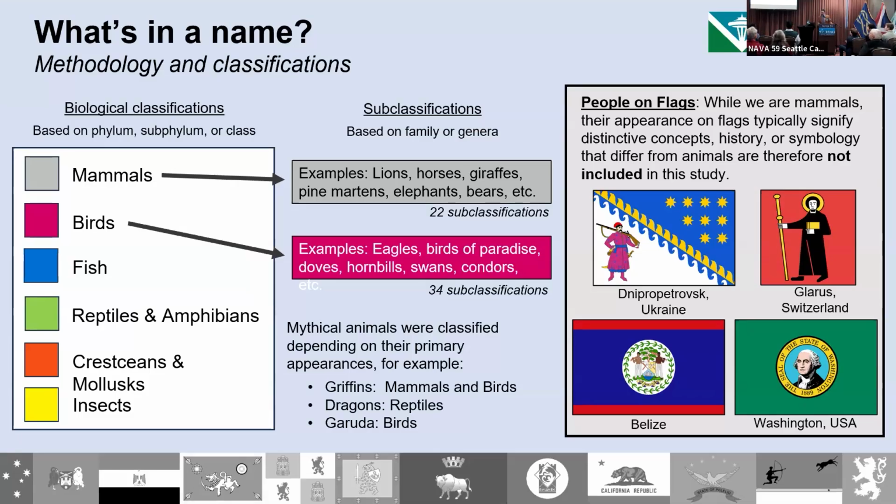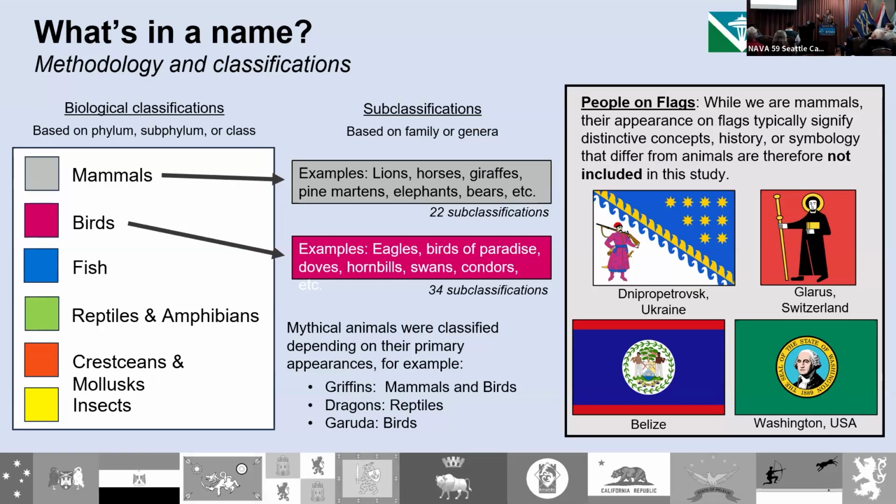So for example, griffins have the body of a lion and the head and wings of an eagle, so I classified them both as mammals and birds. Dragons, I classified as reptiles. And the Garuda, the mythical bird in Southeast Asia, I classified as a bird, even though it's a human and bird hybrid. So I tried my best to classify in a way that made sense.